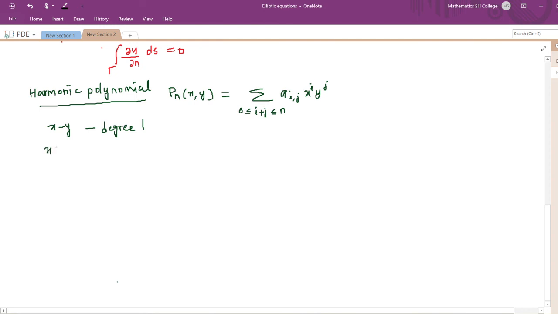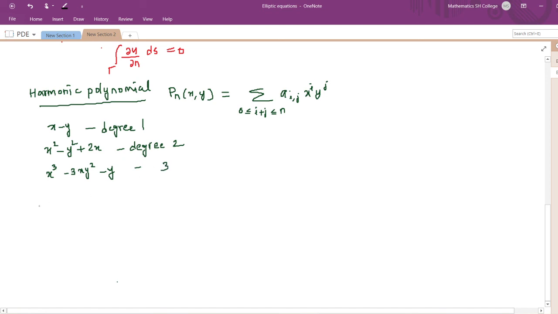Similarly, x² − y² + 2x can again be written in this form, so it is a harmonic polynomial of degree 2. Similarly, x³ − 3xy² − y is of degree 3.